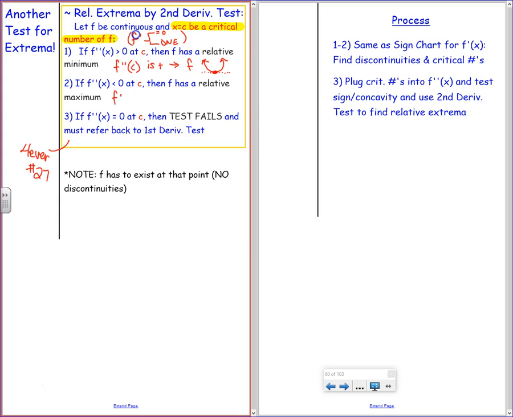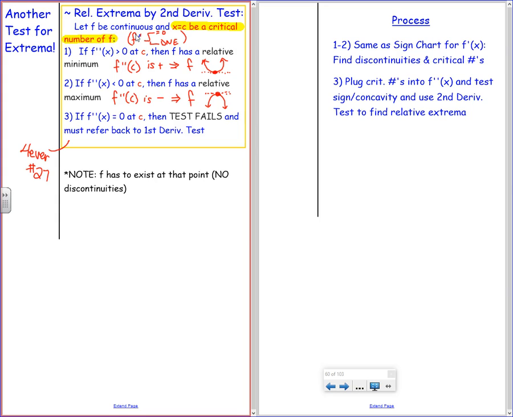If f double prime at the critical number is negative, then f will be concave down. And if there is a critical number on a concave down graph, it's going to occur at a relative max. And if the second derivative equals 0, all bets are off.